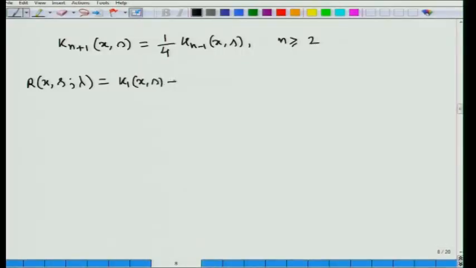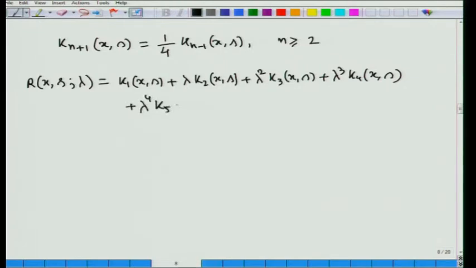So, this is equal to k1(x, s) plus lambda k2(x, s) plus lambda square k3(x, s) plus lambda cube k4(x, s) plus lambda to the power 4 k5(x, s) plus lambda to the power 5 k6(x, s) plus dot dot up to infinity.